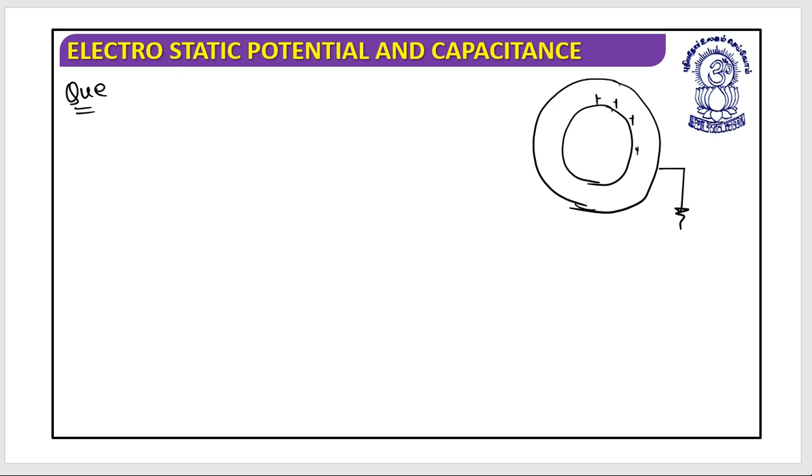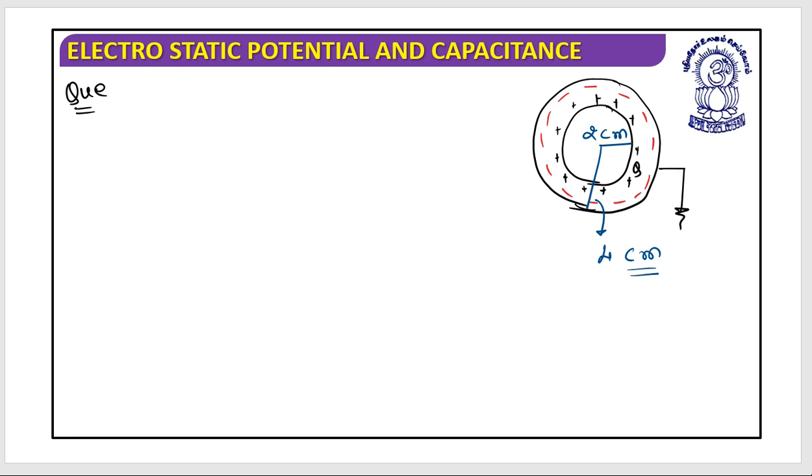Here plus q has been given, and as plus q has been given, charge has been induced over the outer surface, and it would be minus q, that you understand. And the inner radius is 2 centimeter, and the outer radius is 4 centimeter.